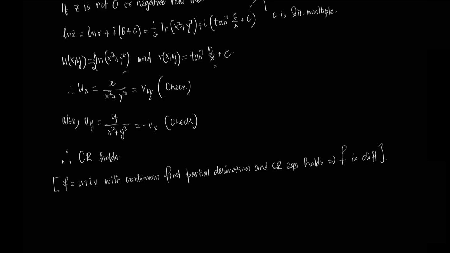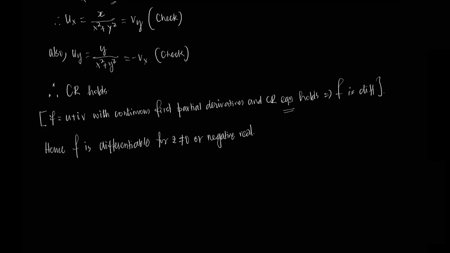So in this case, this theorem is satisfied, and hence f is differentiable. What is f? F is your log, differentiable for z not equal to 0 or negative real. Okay, so that is there. I hope this is clear.